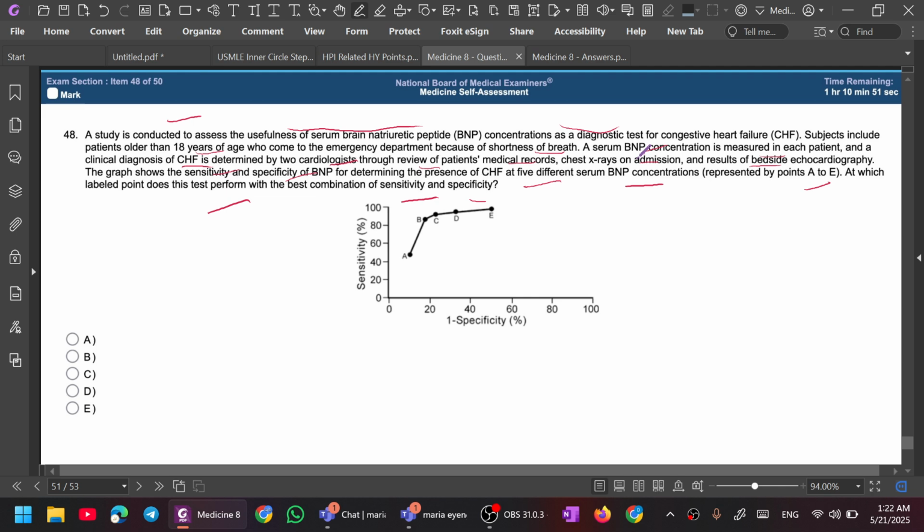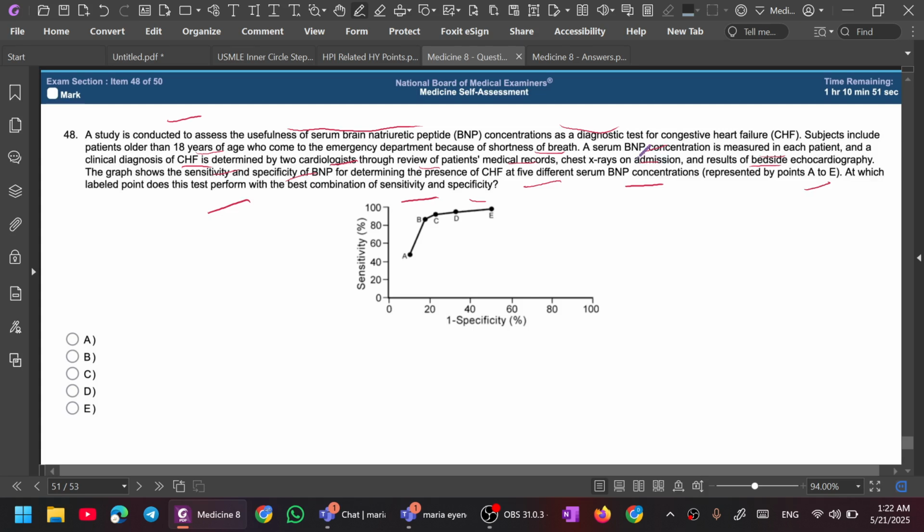What they are asking is, at which point does this test perform with the best combination of sensitivity and specificity? Which one has high both sensitivity and specificity?